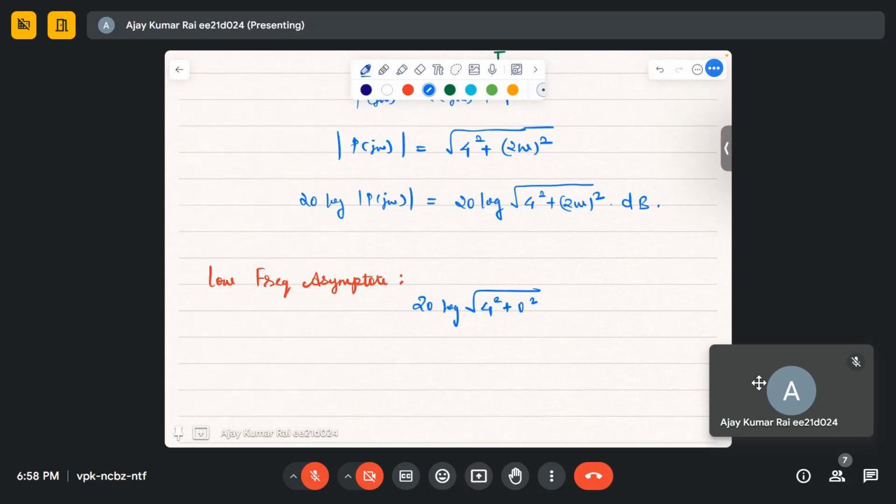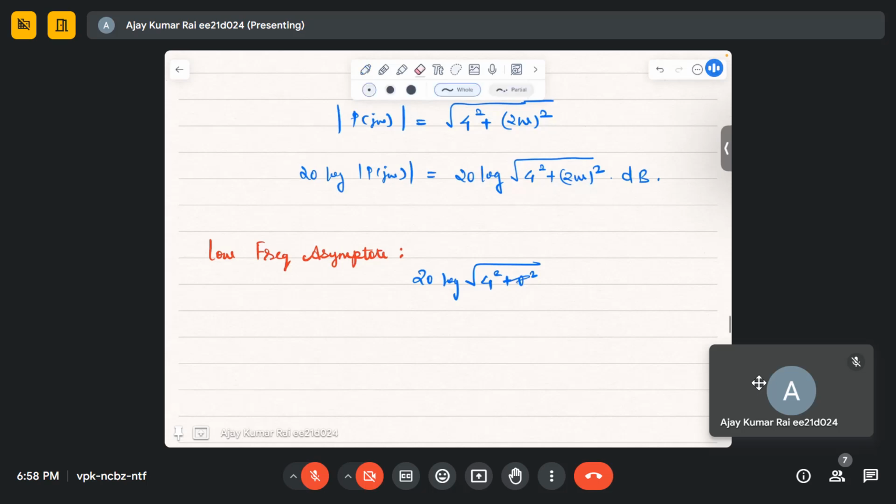So this is the low frequency asymptote. 4 is 2 square, so it is 20 log of 2 square, that is 2 into 20 log 2.